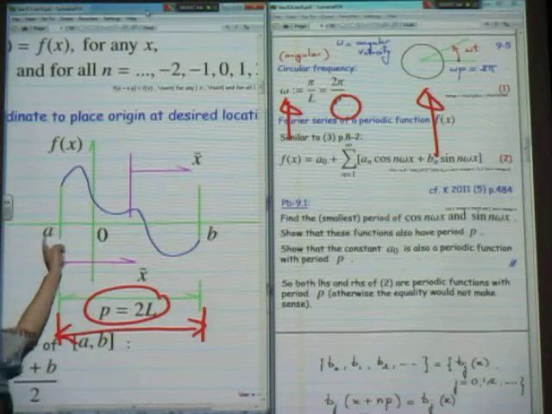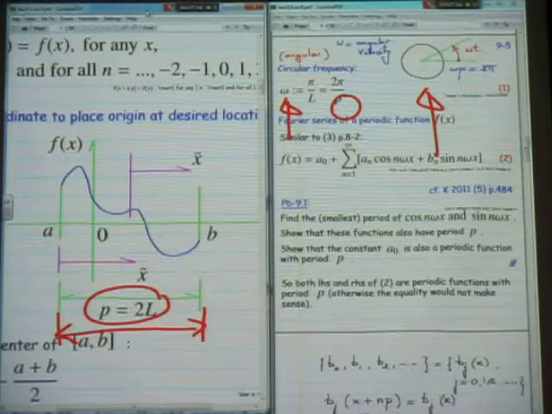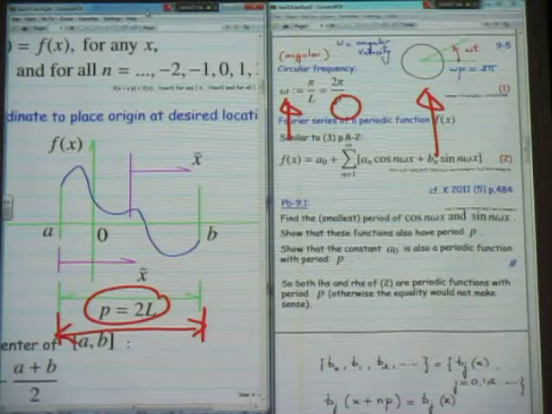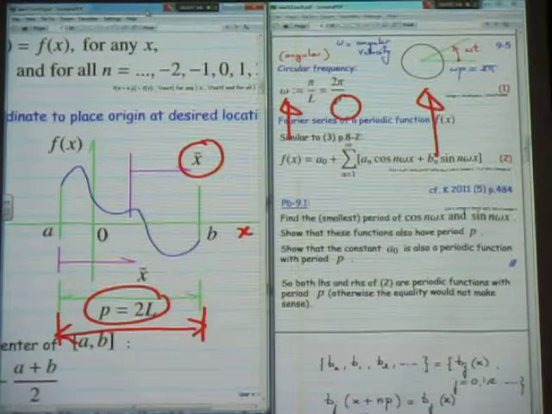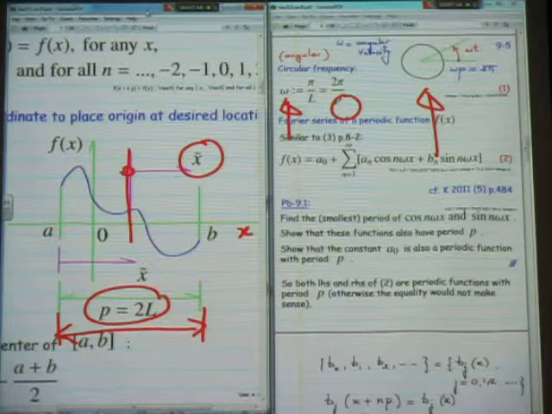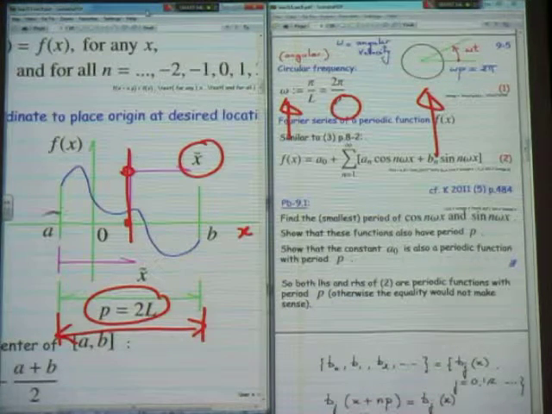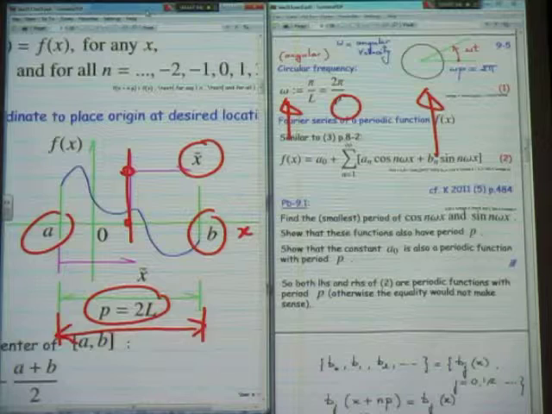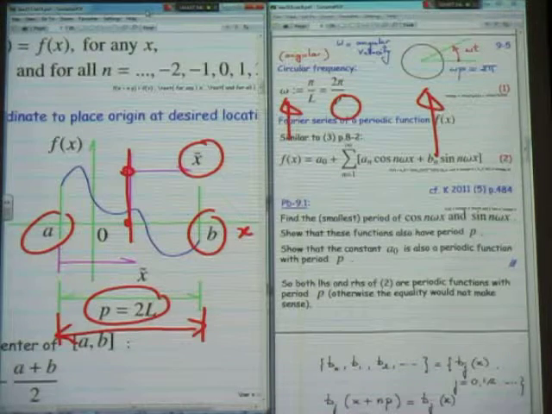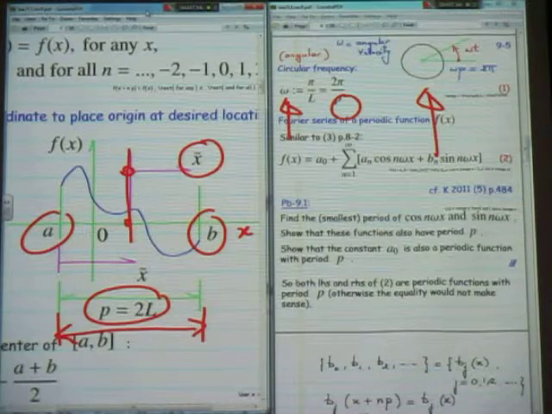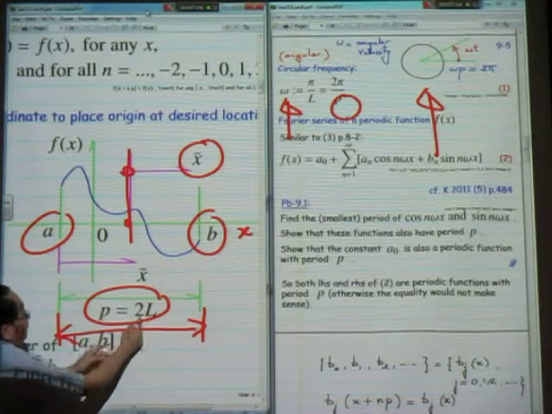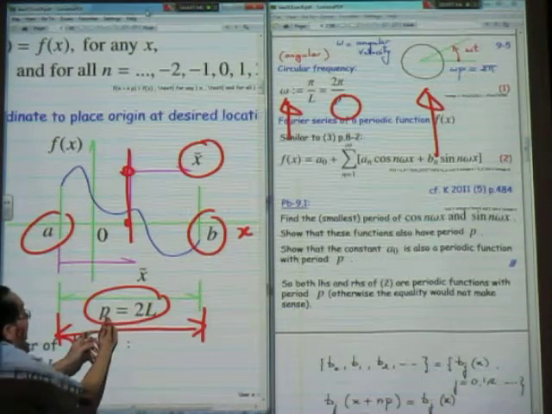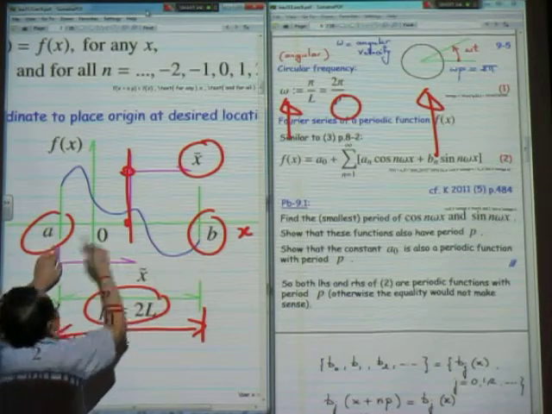Now in the x coordinate, let me write down here. This is the x coordinate, and whereas this is the x bar, and the origin of x bar is right in the middle of the interval from A to B. Okay, so you can relate L to A and B, right? Because 2L, which is the period, is simply B minus A.